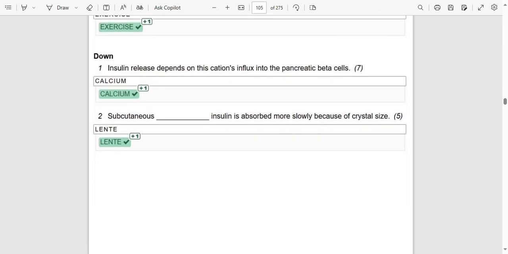Insulin release depends on the cation influx into the pancreatic beta cells. Calcium. I want to ask on this one on the mechanism. Any drug or class of drugs that works by this mechanism, when they bind to their receptors, they are going to stimulate the entry of calcium into the cell.